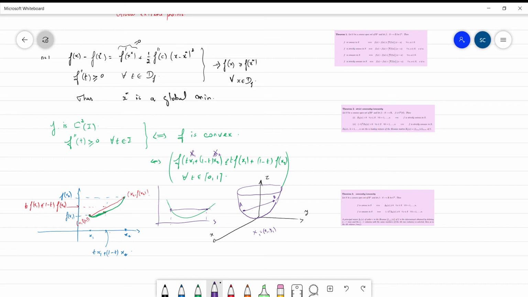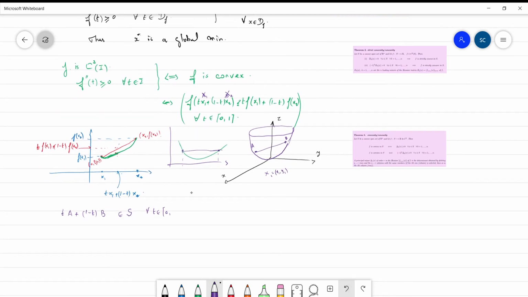We are adding tA + (1 - t)B, which belongs to S for any t in [0, 1]. If you remember, we need a certain property for our set. You take any A and B in S, and you check that for any t between 0 and 1 the line segment remains in S. This is the requirement for a set to be convex. Your set must be convex.